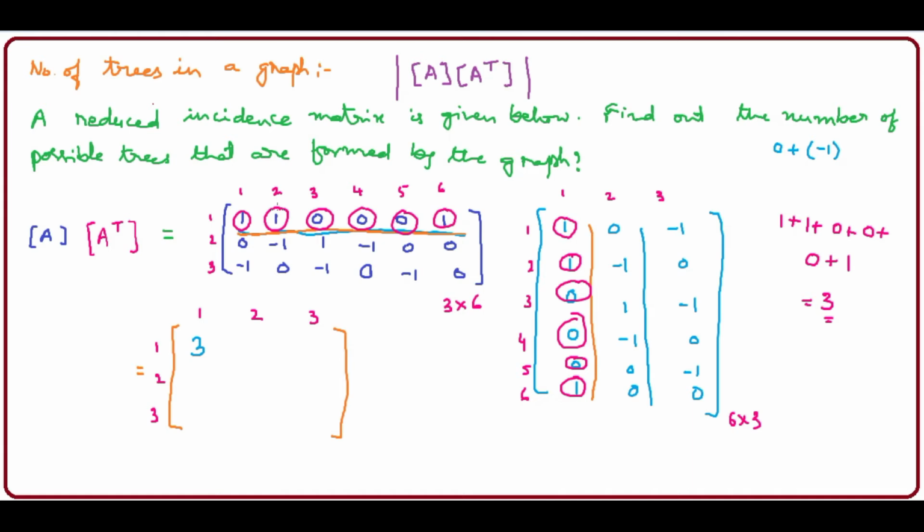Next, 0 into 1 is 0, plus 0 into minus 1 is 0, and 0 into 0 is 0, and 1 into 0 is 0 again. So this will be equal to minus 1. Write minus 1 here.